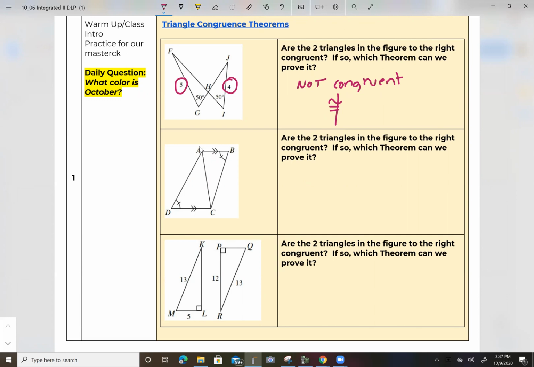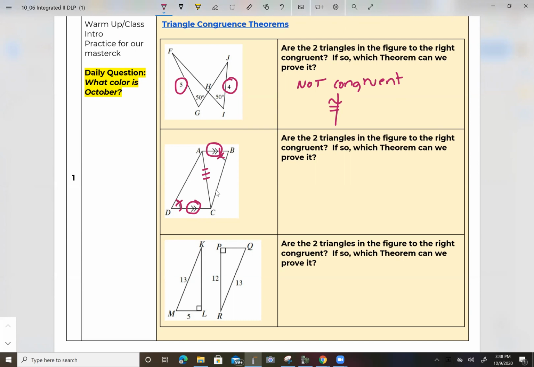Below, we have two triangles that share this side, so they have that side in common. We also know that these two side lengths are parallel, which means not only is this angle the same, but actually it might not. Let me think for a second. They are parallel.